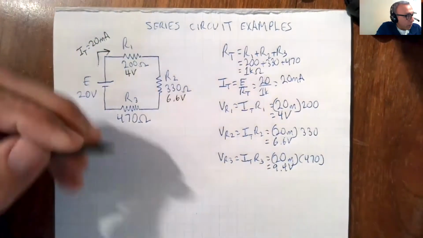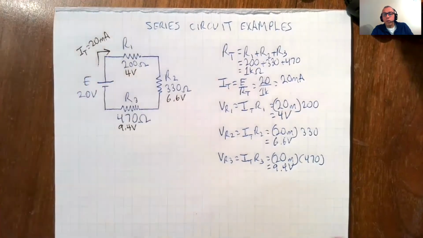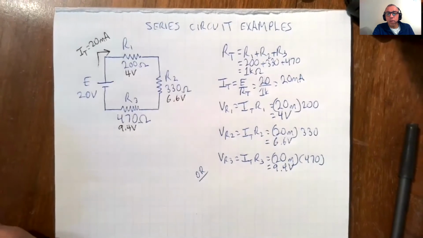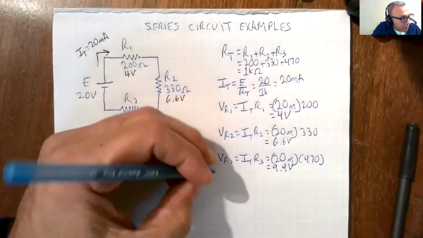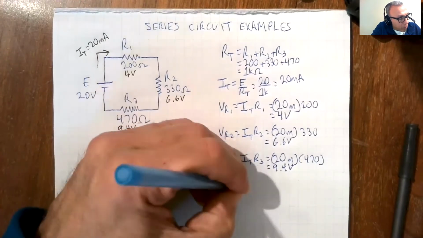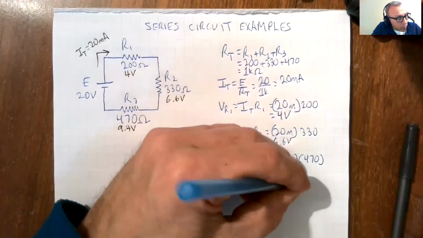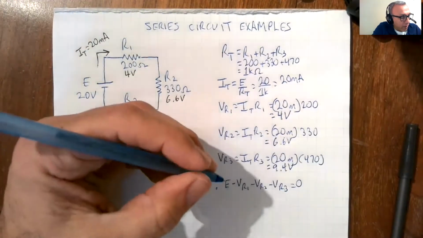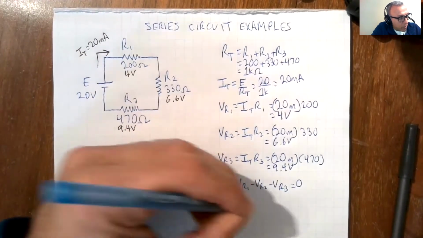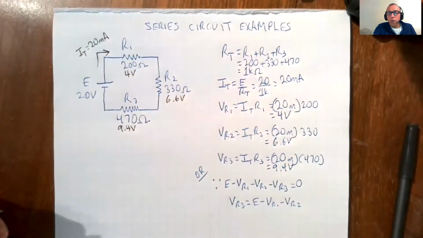Okay? Now, we can also use Kirchhoff's voltage law to say that since E minus VR1 minus VR2 minus VR3 is equal to 0, we could say that VR3 is equal to E minus VR1 minus VR2, which makes sense, right?